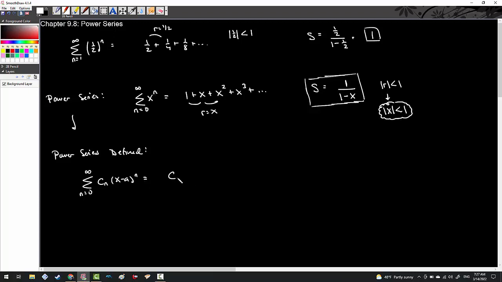That ends up being c sub 0 plus c sub 1 times x minus a to the 1, plus c sub 2 times x minus a squared, plus c sub 3 times x minus a cubed, plus dot, dot, dot. Now, if you're wondering why the c sub 0 doesn't get an x minus a, well, it kind of does, because this is technically x minus a to the 0. Ultimately, that's going to end up becoming 1, so we don't really need to be worried about it. So that's ultimately how a power series is defined.